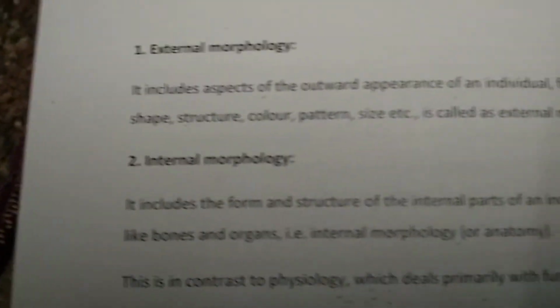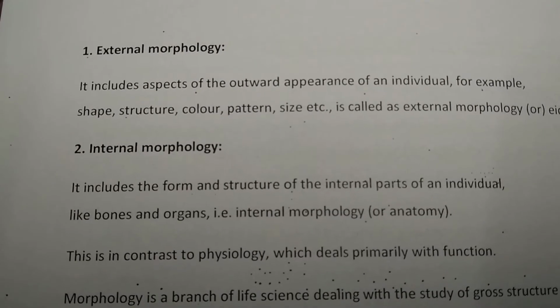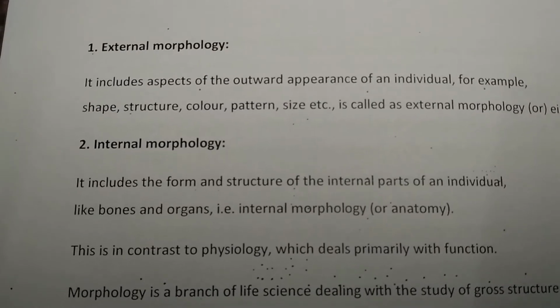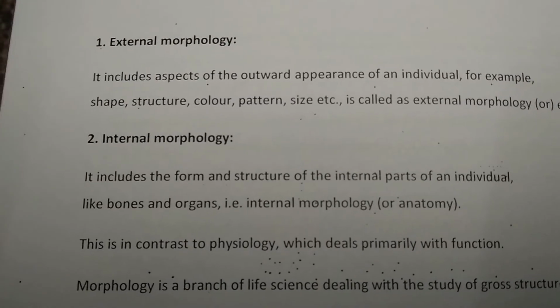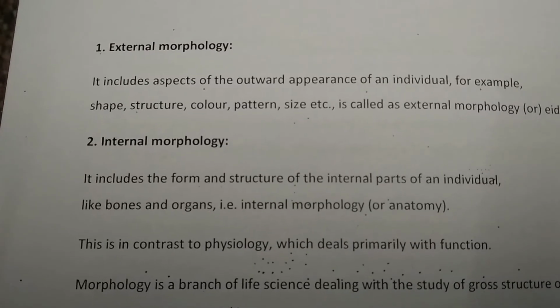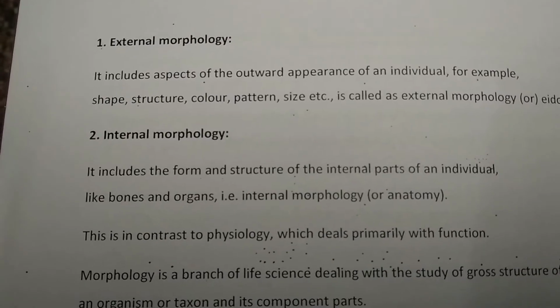What is this? External morphology is the shape, structure, color, pattern, size, all this on the external aspect of the human body. Whereas internal morphology deals with some organs and tissues, bones which are inside our body. That is the study of various shapes of the organs in different human beings.